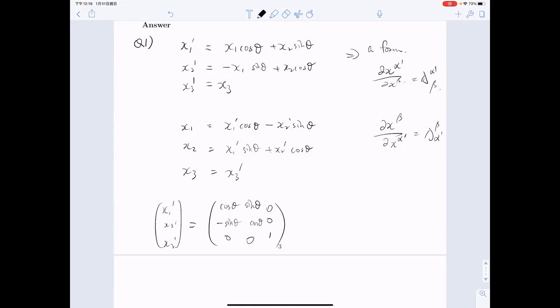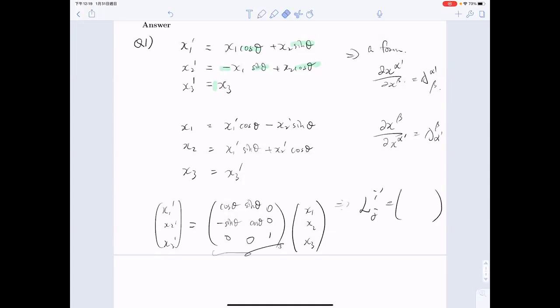I just write down all of this component as a matrix times the prime system. You can see L i prime j is equal to this guy.